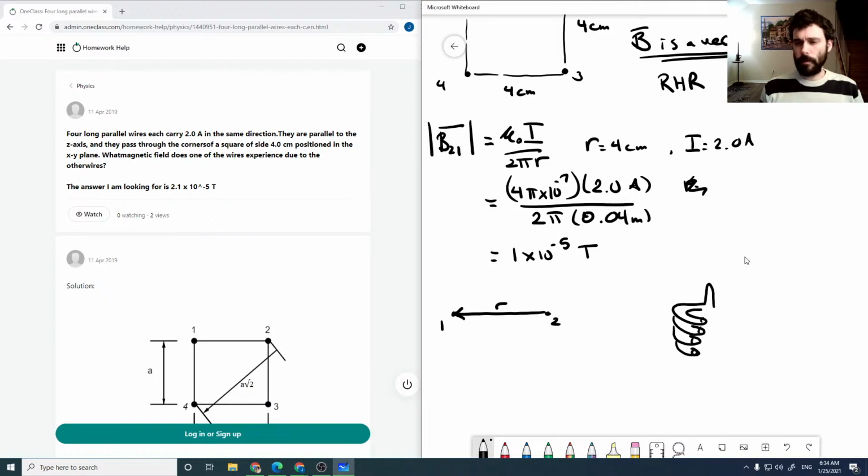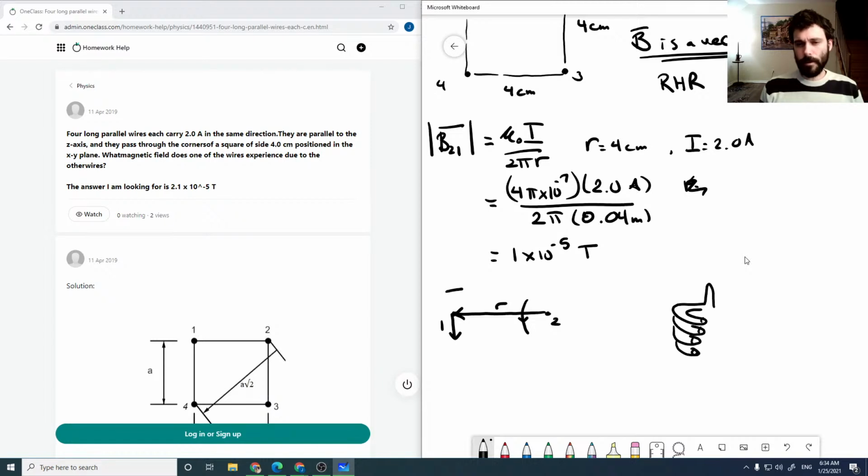Now picturing our thumb going out of the page, we see that the B field would curl this way, so this is the direction. And in fact, at r, it's going to be straight down.